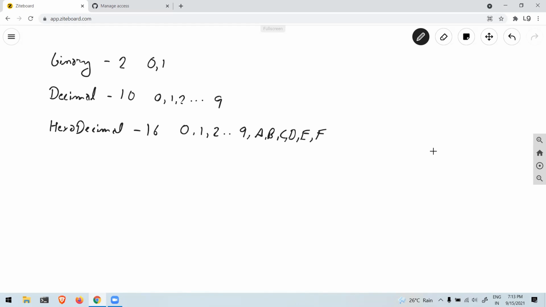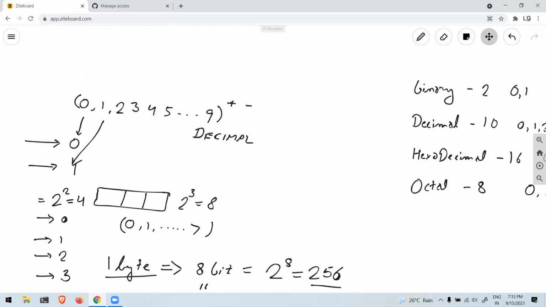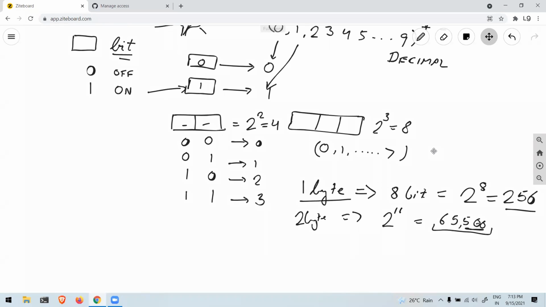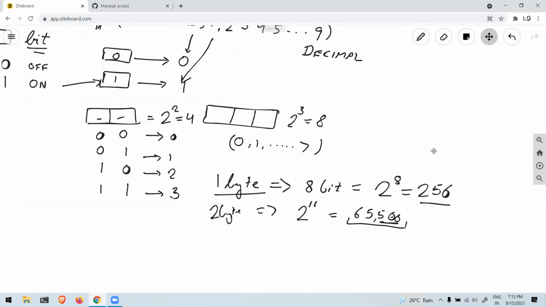All right. Then there is another system called octal, which has 8 different symbols and contains 1, 2 till 7. This is roughly the same thing as this. So if we take a combination of 3 bits, we get 8 different combinations, and we were able to represent only 8 different values, which was 0 to 7.